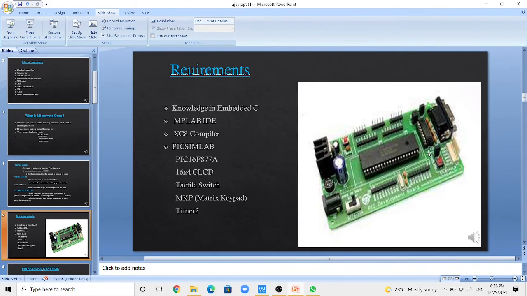By using this switch, we can do the on and off purpose. And the MKP, matrix keypad. MKP stands for matrix keypad. And timers. These are all the requirements which we need to design a microwave oven. For designing a microwave oven, these are the must-have components, along with knowledge of embedded C.